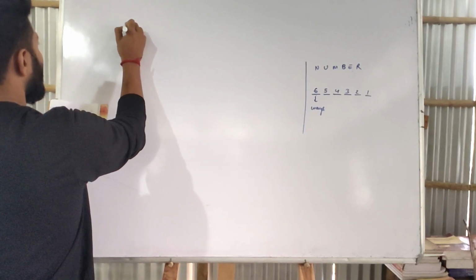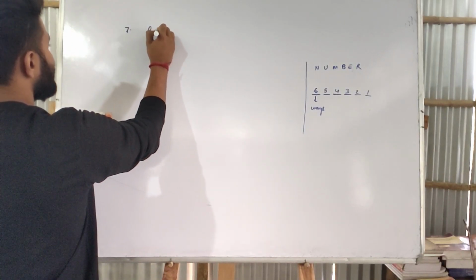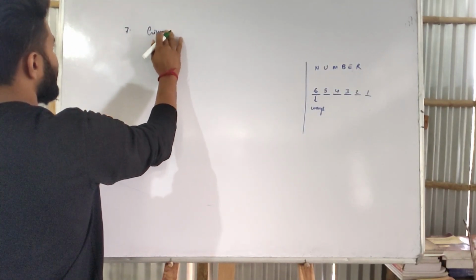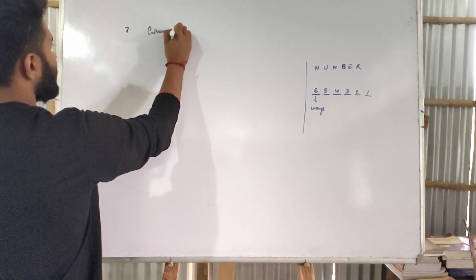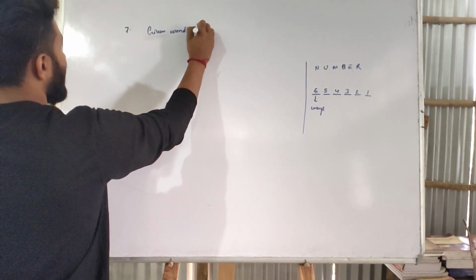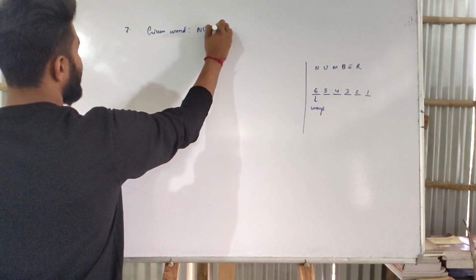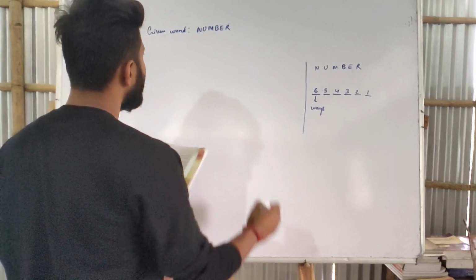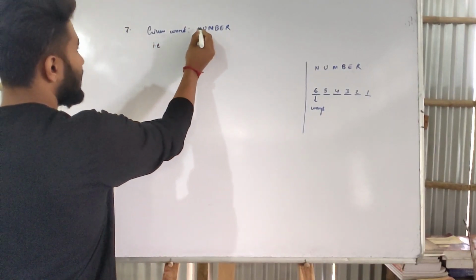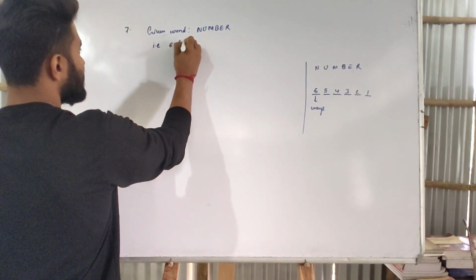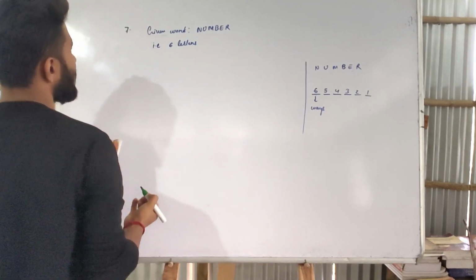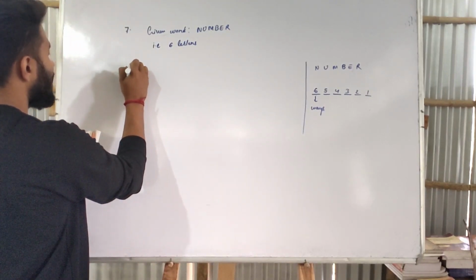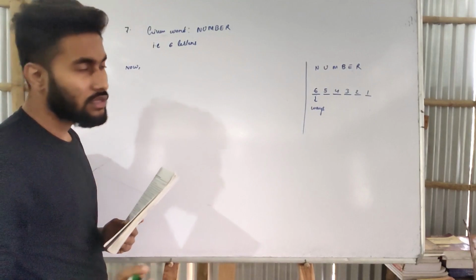Given this question, the last question of this exercise, the given word is NUMBER. How many letters? 6 letters. Now I will not do it the shortcut way.